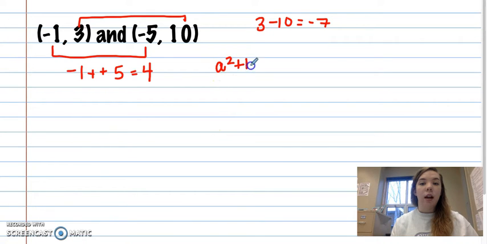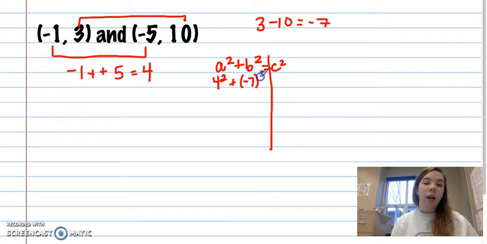So again, I'm going to start with my formula. And I'm going to plug in my numbers. So I have 4 and I have -7. And it's really important that when you square a negative, you use parentheses. If you don't use them in your calculator, it's not going to give you the correct answer. So you just need to get in the habit. Okay, because 4 squared is 16.